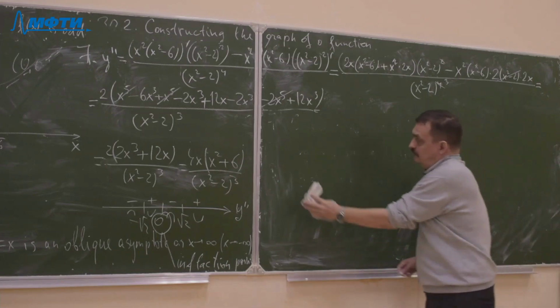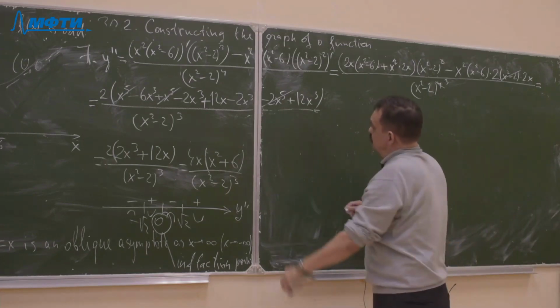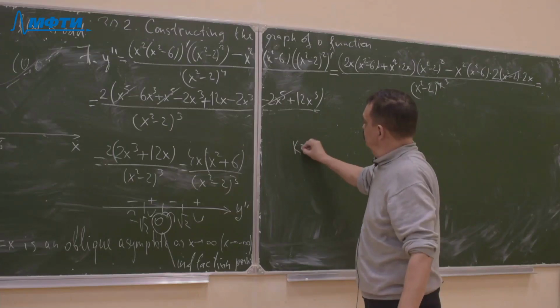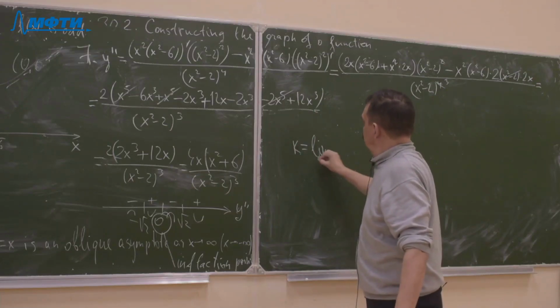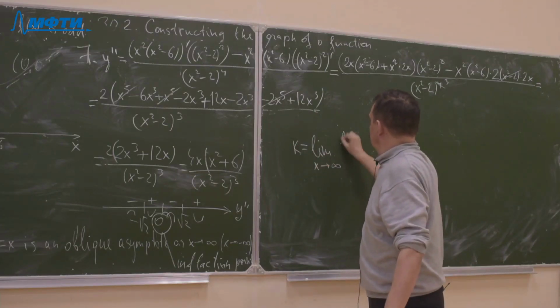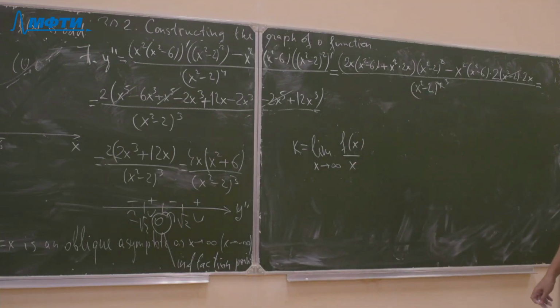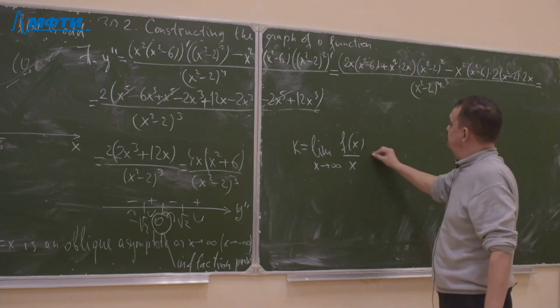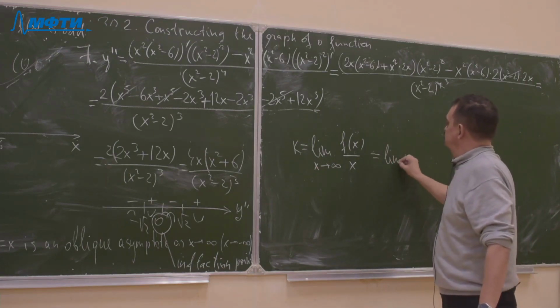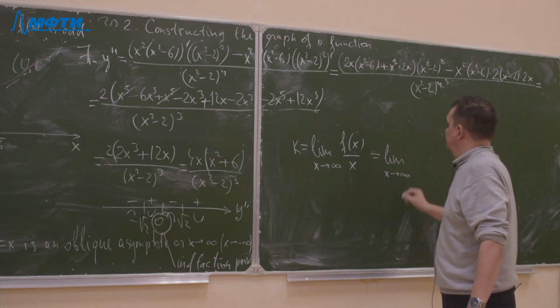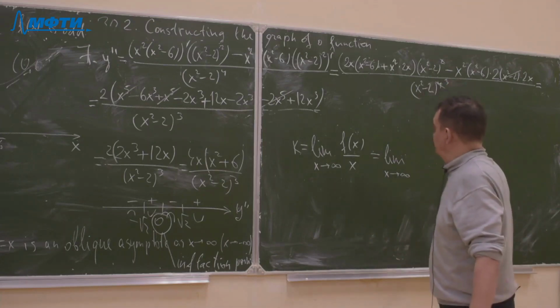So once again, to compute the oblique asymptote, let me recall, we need to compute those limits, right? And we can proceed also using L'Hopital rule.